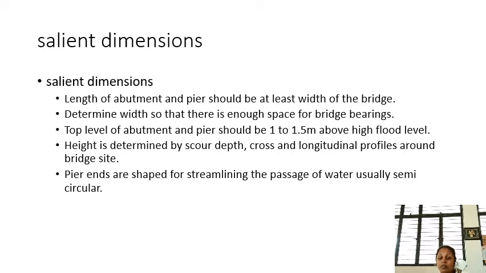The length should be at least the width of the bridge. The width should leave enough space for placing the bridge bearings. The top level should be around 1 to 1.5 meters above the high flood level. The scour depth, and the cross-sectional and longitudinal profiles along the bridge site, should be determined. The pier ends should be shaped for streamlining the passage of water, preferably semicircular.